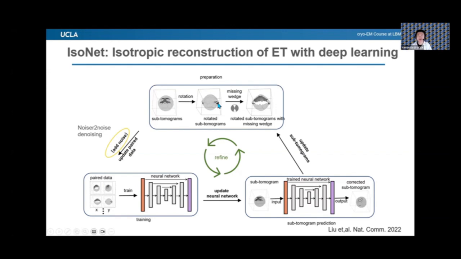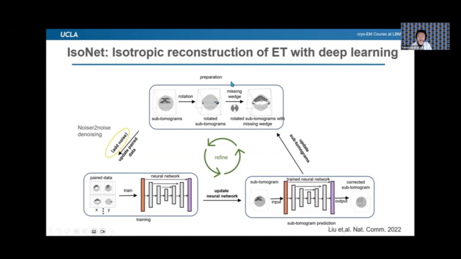If you rotate the subtomogram, it no longer has a missing wedge along the axis, and we can then apply another missing wedge. Applying a missing wedge is, in silico, removing information from the data. So this subtomogram has two missing wedges. Okay, and the original subtomogram has one missing wedge.